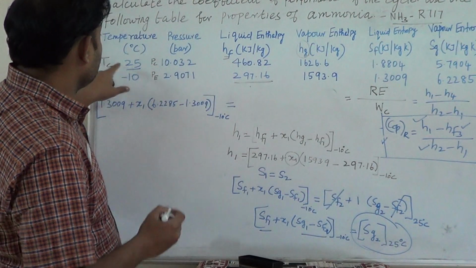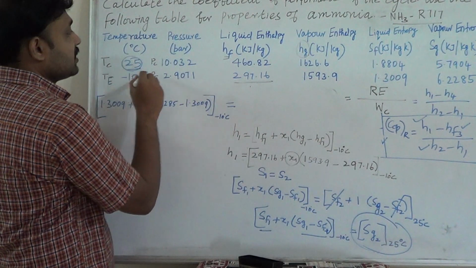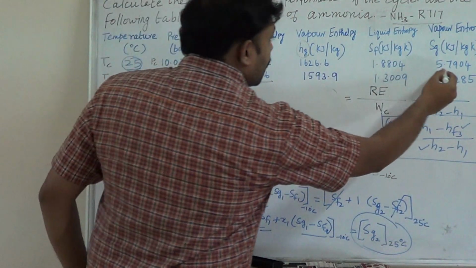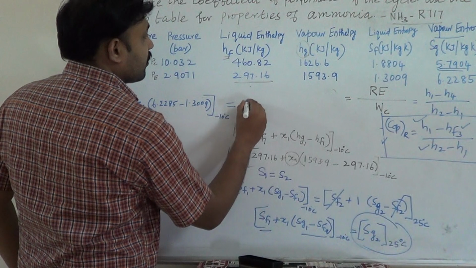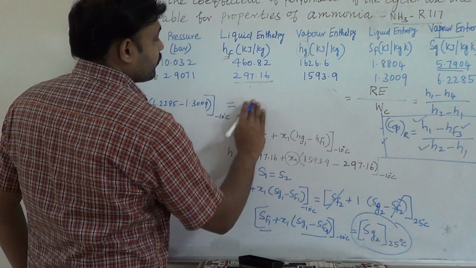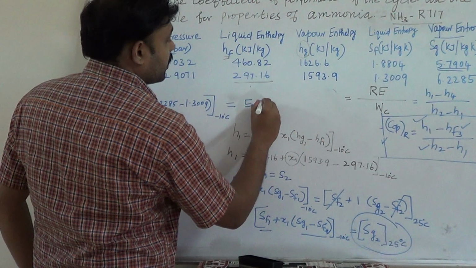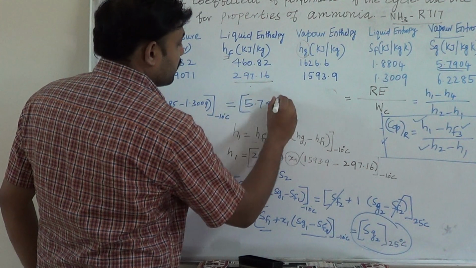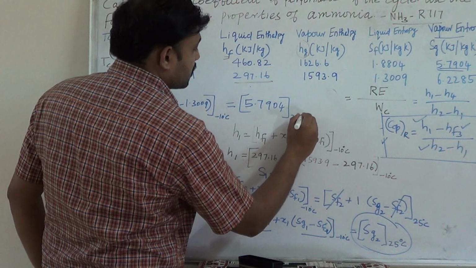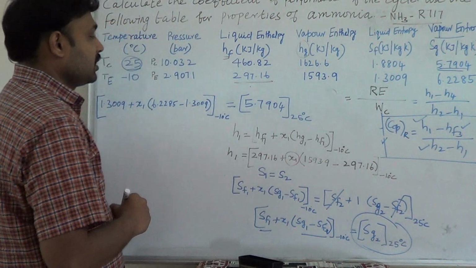So corresponding to the condenser temperature of 25 degrees centigrade, we have to write the vapor entropy, which is 5.7904, the vapor entropy corresponding to the temperature of condenser, which is 25 degrees centigrade.